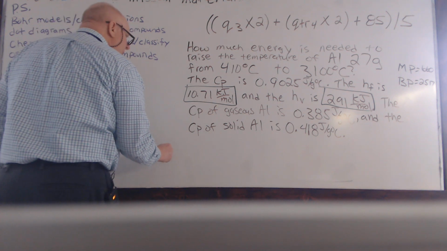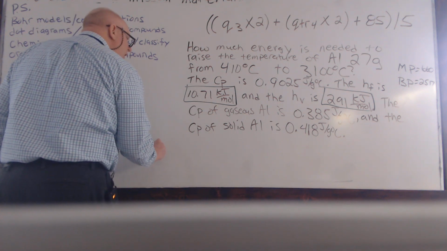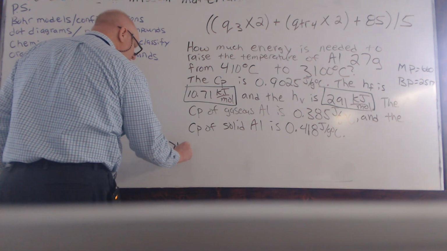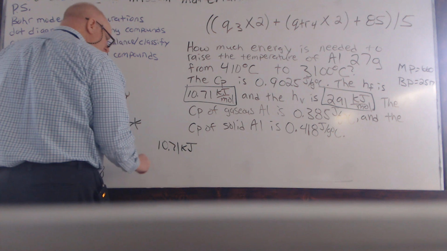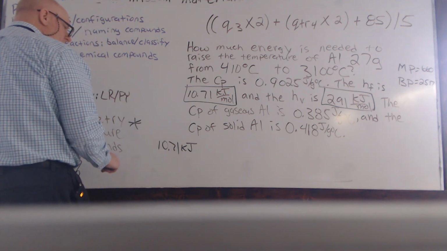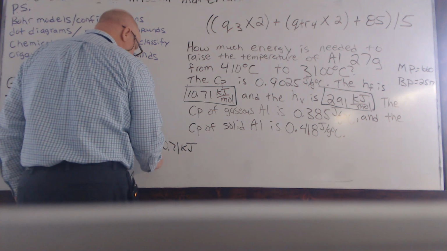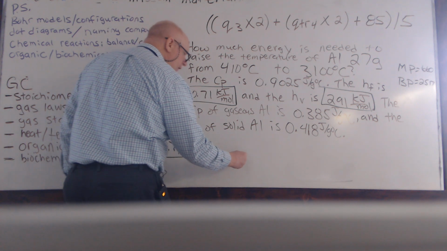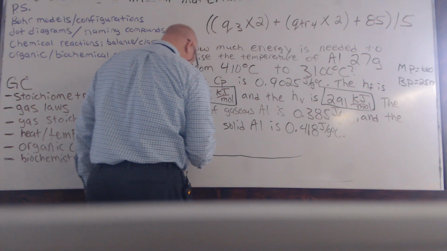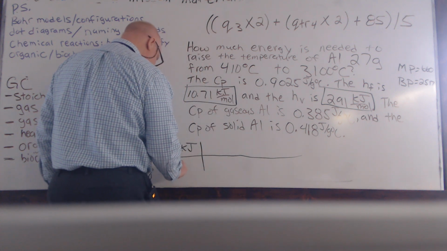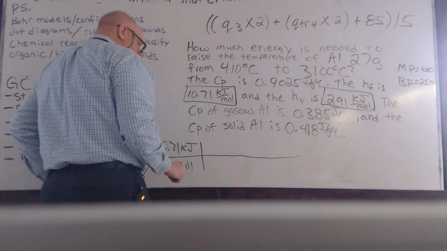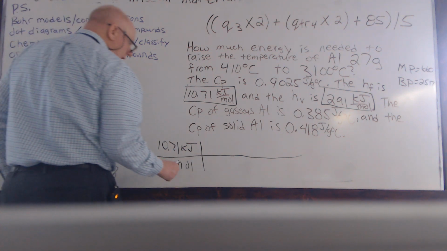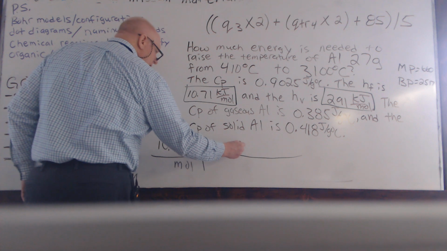When you said multiply by 1,000, you're not wrong. 10.71 kilojoules. Do you want to get rid of your joules first or your mole first? Mole. Since this is a known substance, how do we get rid of this mole in our next step?